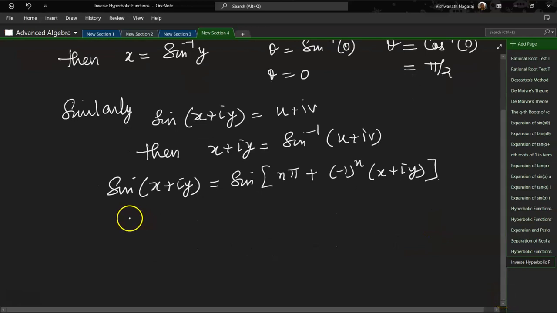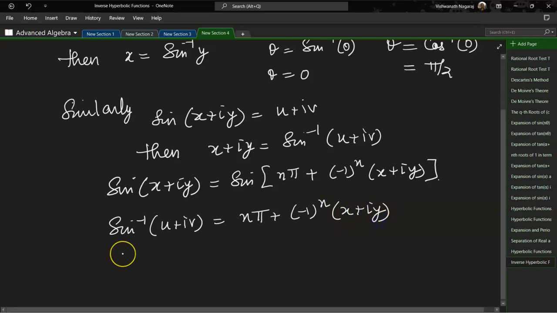Now, which means we can write this as sine inverse of u plus iv is equal to n pi plus minus 1 to the power of n times x plus iy, which basically means that it is a many valued function. There will be many values for this function.